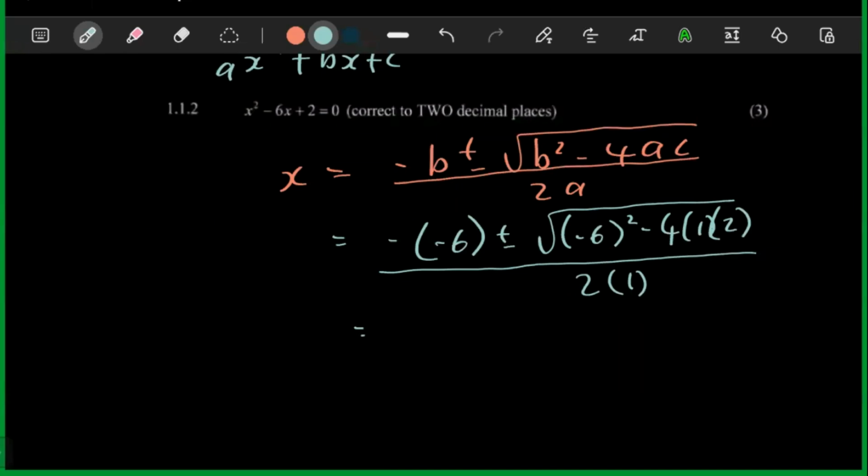So we have -6 plus the square root of -6 squared minus 4 times a, which is 1, times c, which is 2, over 2 times 1. This gives us an answer of 5.65, or our x value is equal to, what's the other one here? It's giving us 0.35. So those are our 2 potential answers for x.